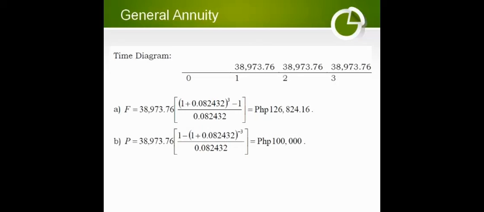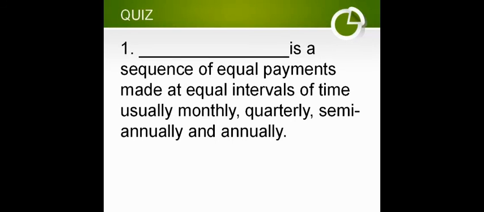The next activity, we will have our short quiz. Let us check what have you learned for this lesson. Kindly get your paper and a pen and write your answer on your paper. Let us start with number 1.